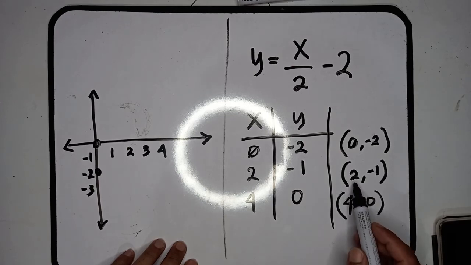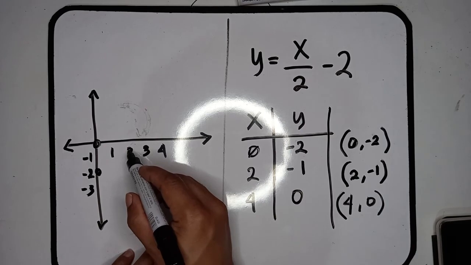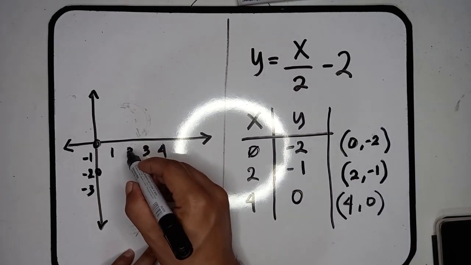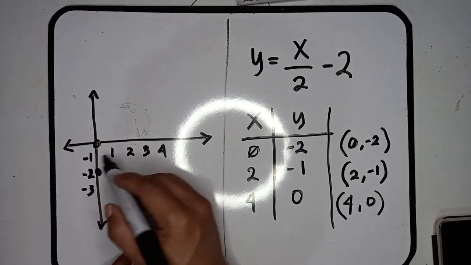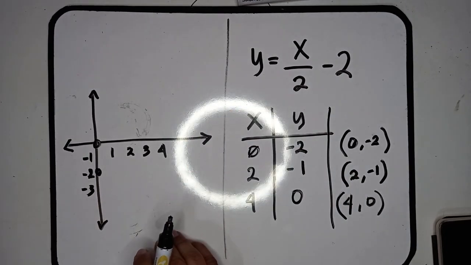And then 2 for our x, negative 1 for y. So this is our negative 1. Okay, so let me rewrite this number for a while.